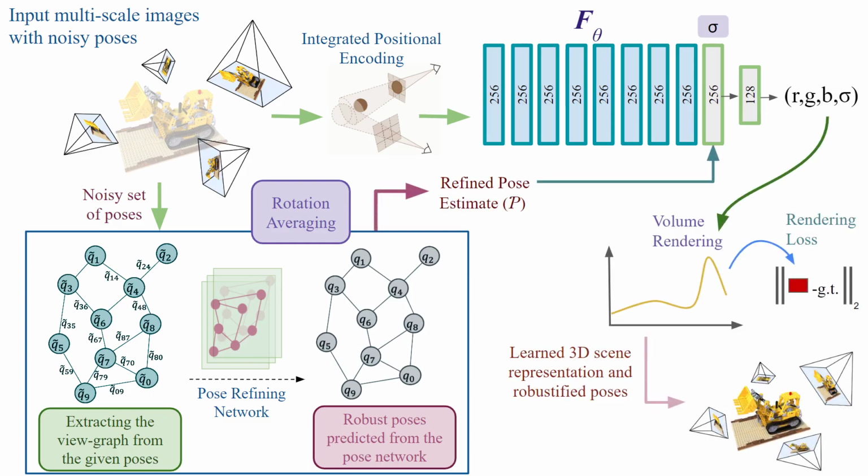And then by applying the volume rendering technique of neural radiance fields, we get the rendered image, and then calculating the loss from this rendered image, we update both the pose network parameters and structure network parameters to learn the scene along with robustifying the poses, and finally we are able to obtain a robustified set of poses along with the correctly learned 3D scene representation.